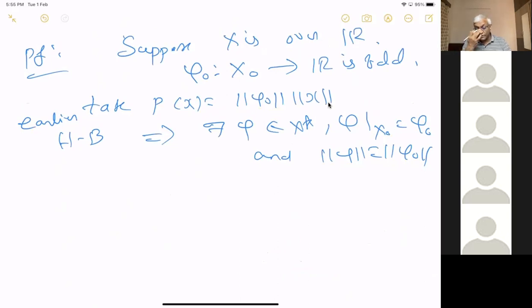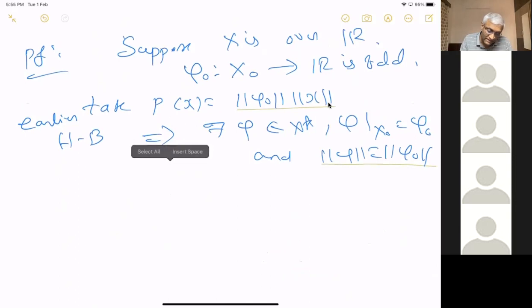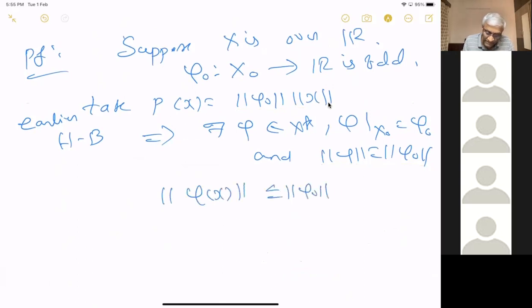Now we have extended it to a linear functional on the whole space X, and it continues to satisfy that inequality: norm of phi of x is less than or equal to norm phi naught times norm x. But the norm is already attained on the smaller subspace. So you cannot have something smaller than this which satisfies this, because this norm phi naught is the infimum. So this implies norm of phi is also equal to norm phi naught.